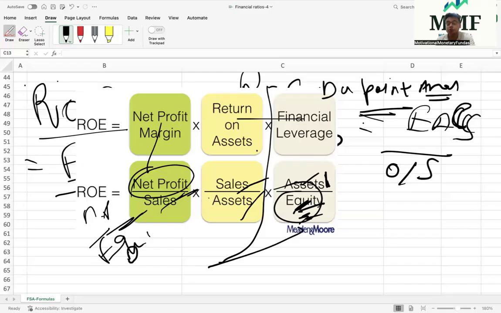If financial leverage alone is contributing to a rise in ROE, it means something is bad in the company. And if the ROE is rising on account of the net profit margin or return on assets, it is good. Now, I'm not saying that financial leverage should be zero. There will be some amount of financial leverage, 40, 50, 60%, depending upon the industry. But the largest quantum should be on account of the net profit margin and return on assets. That is the major sense.